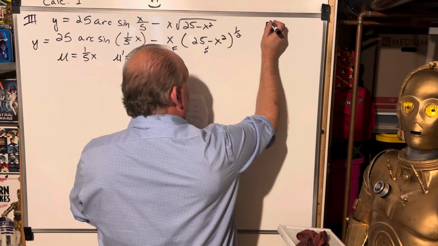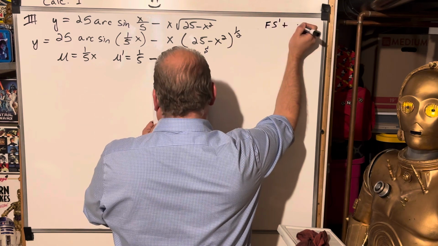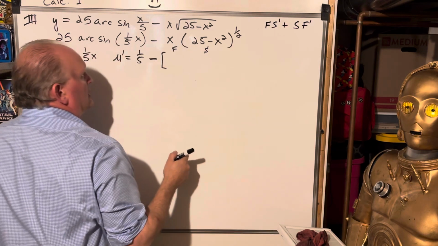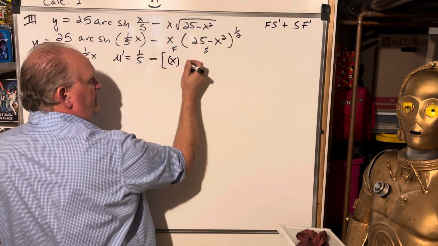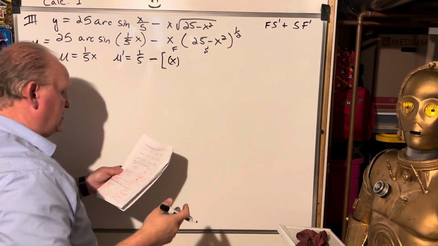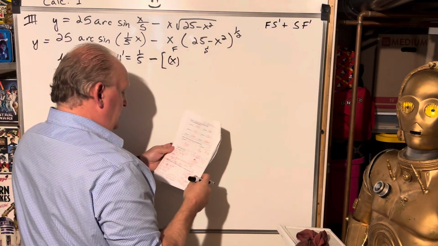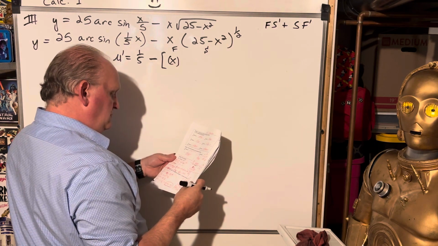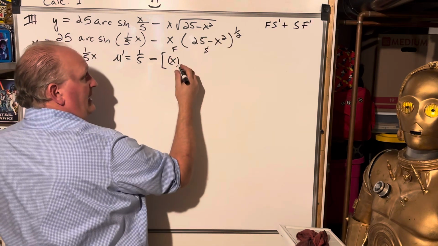That is first times derivative of second plus second times derivative of the first. So first x times the derivative of that, which is actually going to be, right, a little more complicated because we got to pull the 1/2 down.